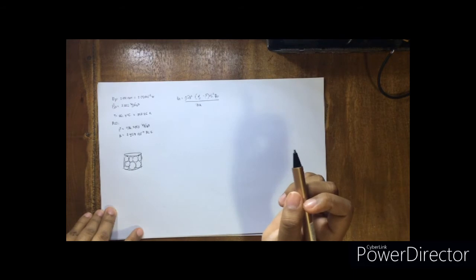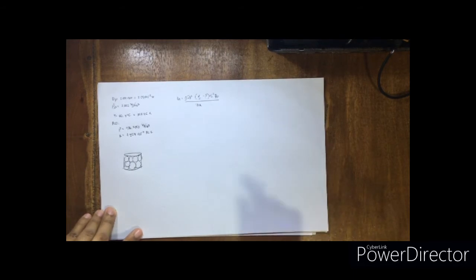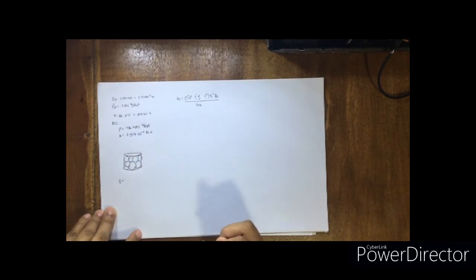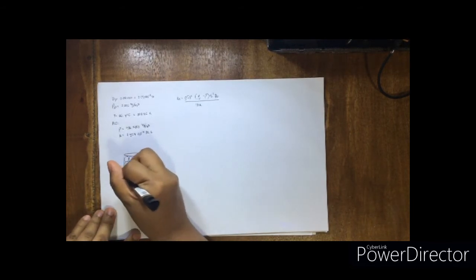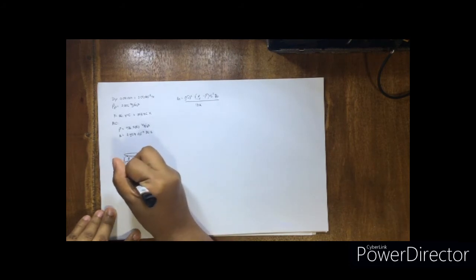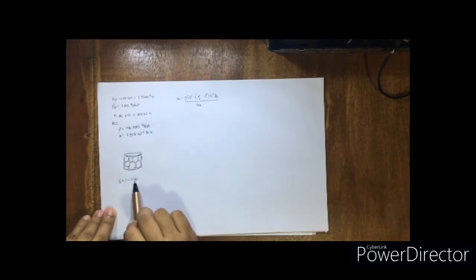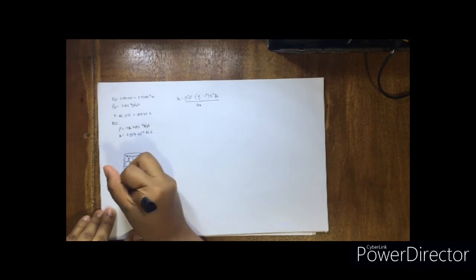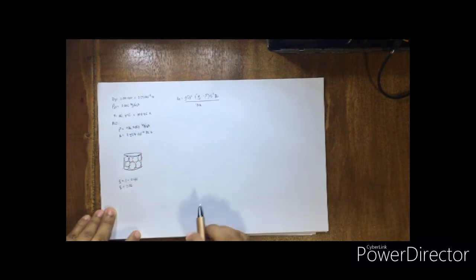So we will be getting the value of the void since the volume fraction of our solid is given. We can get the value of the void simply by 1 minus 0.45. This is the volume fraction of our solid. So we have the value of void as 0.55.